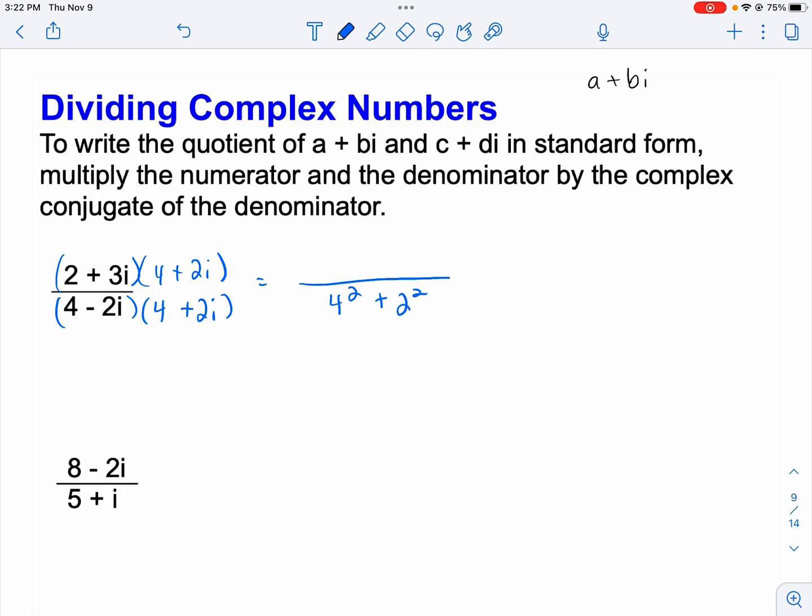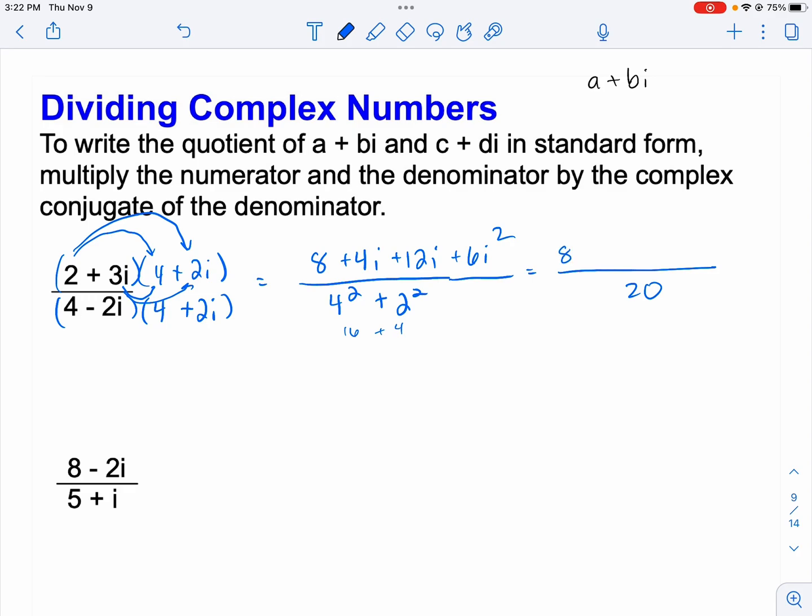On the top, though, there's no shortcut. 2 times 4 is 8. 2 times 2i is 4i. 3i times 4 is 12i. And 3i times 2i is 6i squared. Let's simplify the bottom. 4 squared is 16, 2 squared is 4, and we get 20.